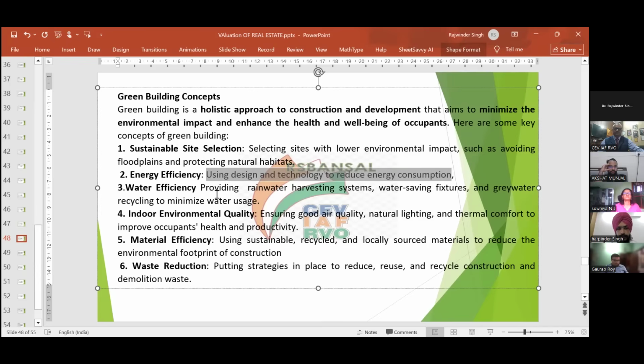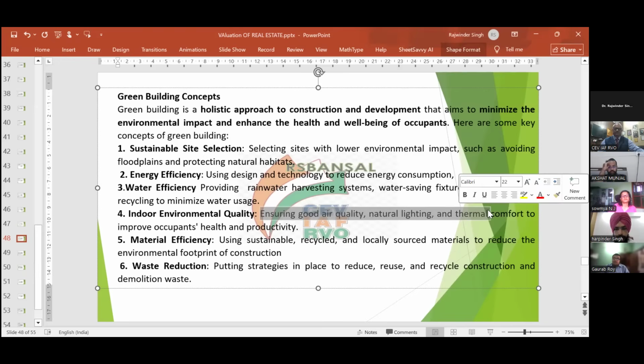We should design buildings with water efficient components and equipment, and ensure good air quality, natural light, and thermal comfort for the inhabitants.